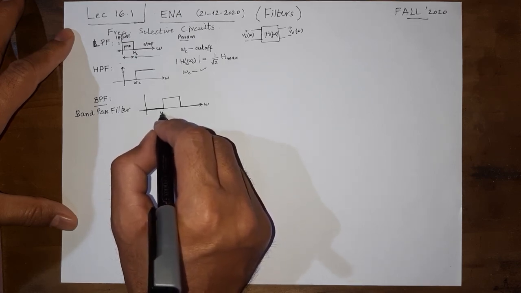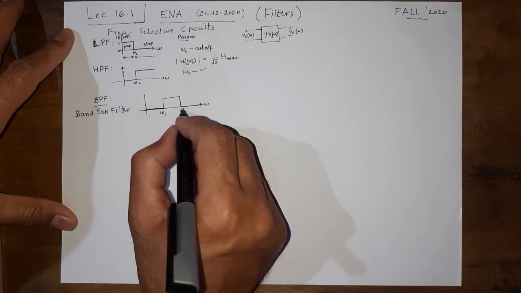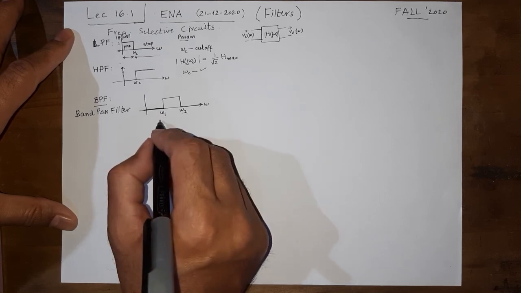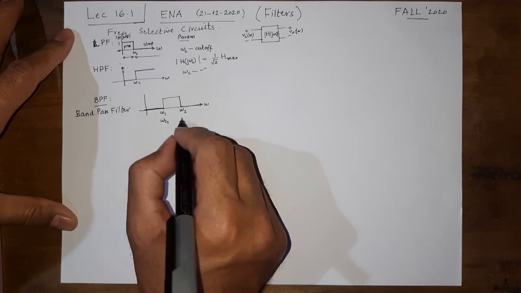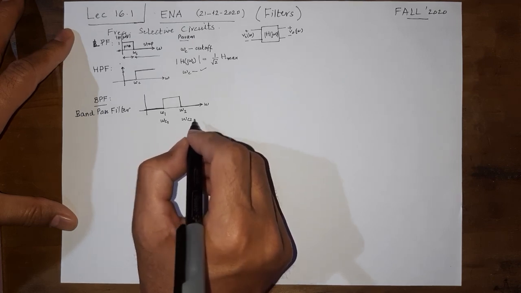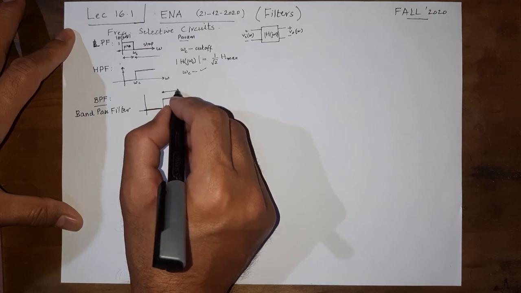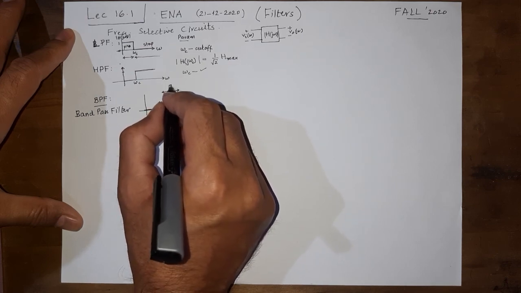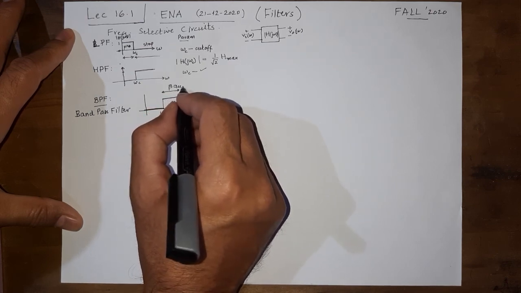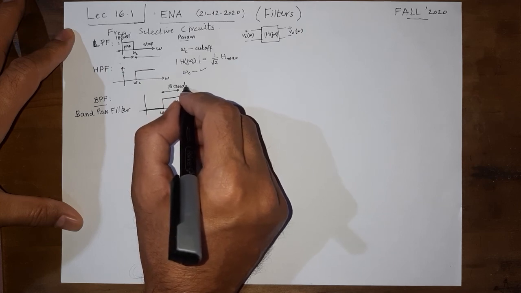So we have two cutoff frequencies. We represent them by omega 1 and omega 2, or omega C1 and omega C2. And this band of frequencies is called the bandwidth, represented by beta.